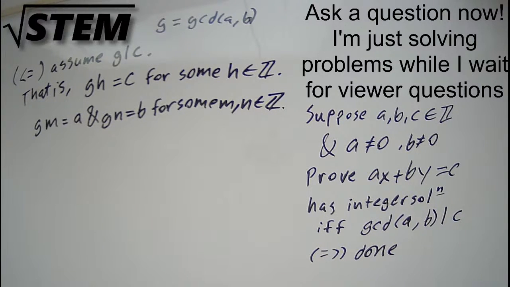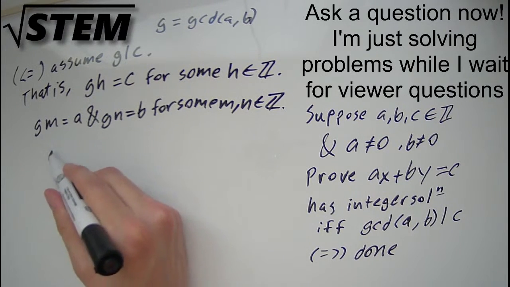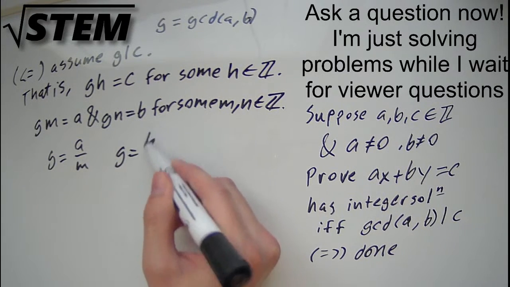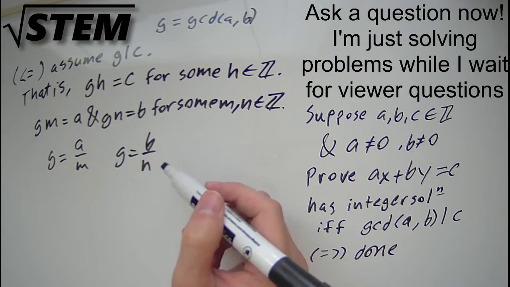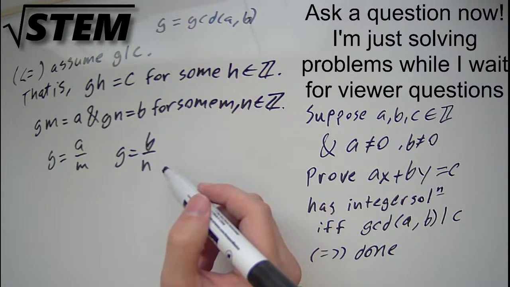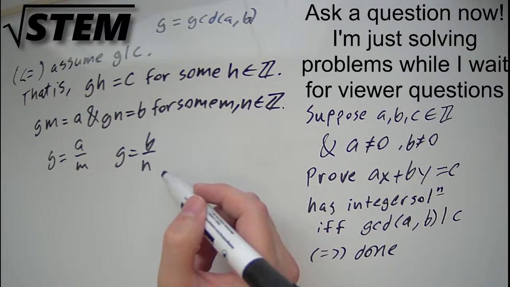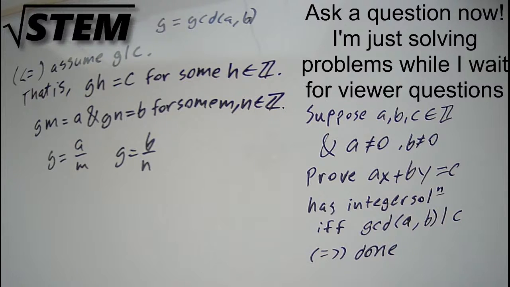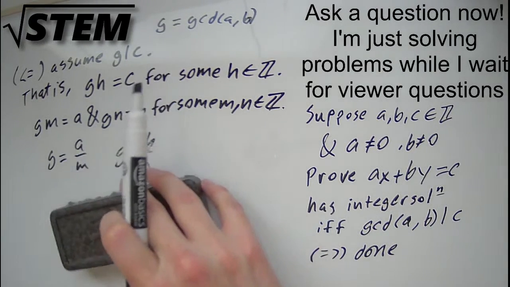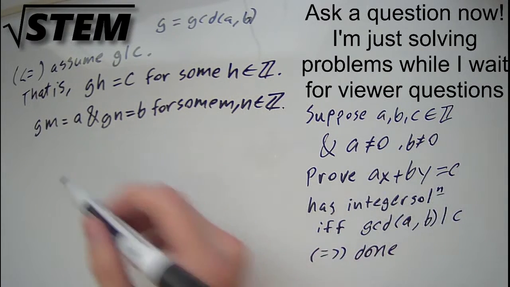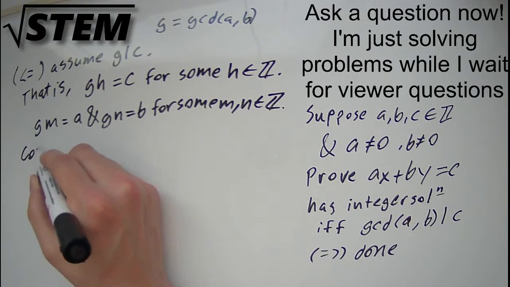Would it help us to solve for G in these equations and get A over M and B over N? I don't think so. I don't think that will help us. We can maybe plug that into here, but that won't get us any closer. So maybe let's just consider this linear combination and see if we can do anything with it.